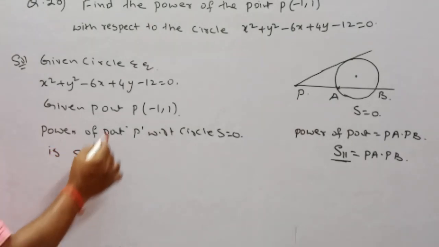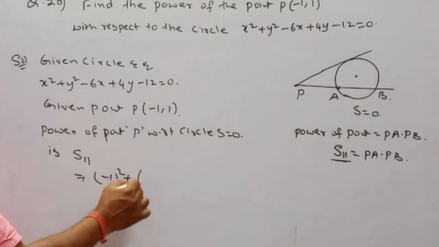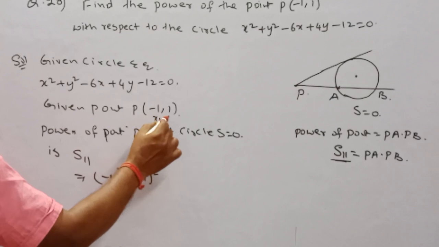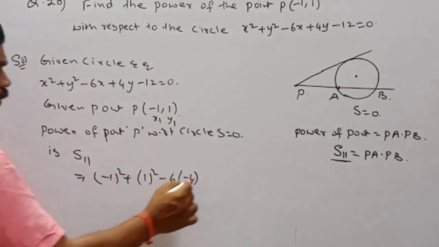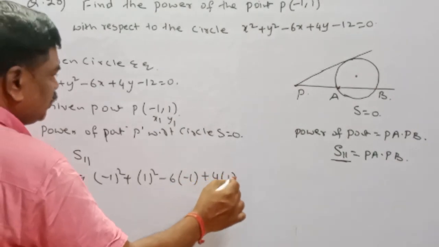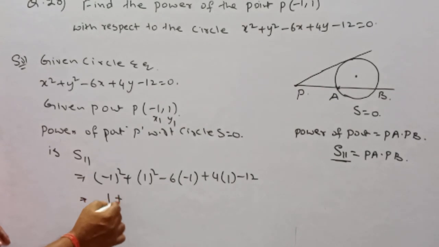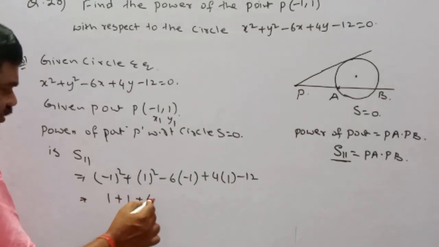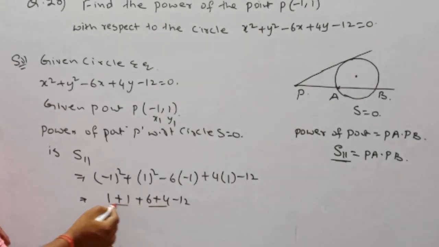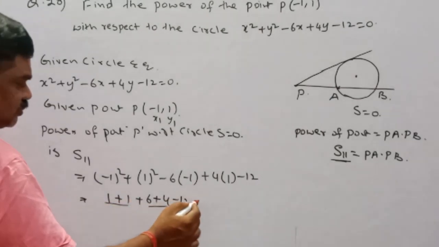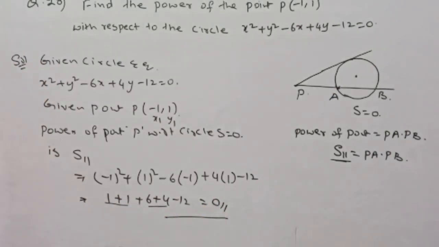S11 is (-1)² + (1)², this is x1, y1, and -6(-1) + 4(1) - 12. This is 1 + 1 + 6 + 4 - 12, which is 12 - 12 = 0. So this is the power of the point.